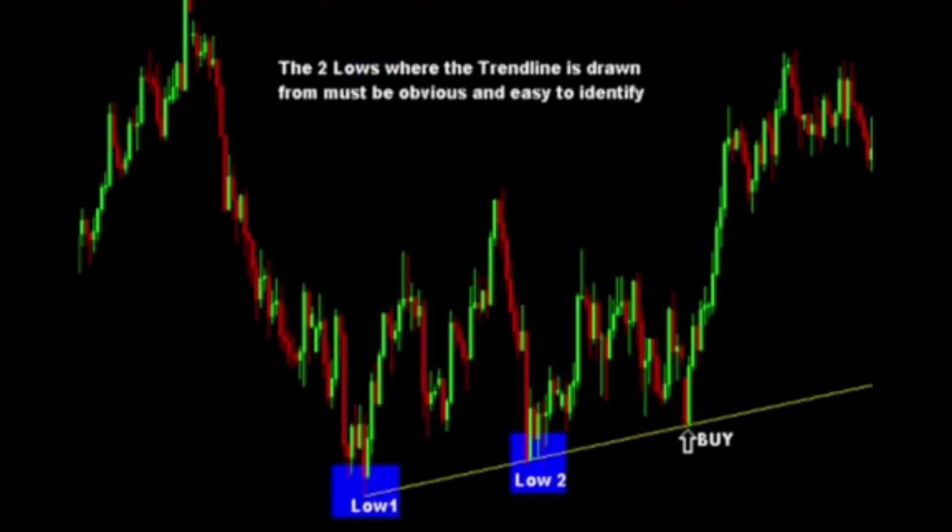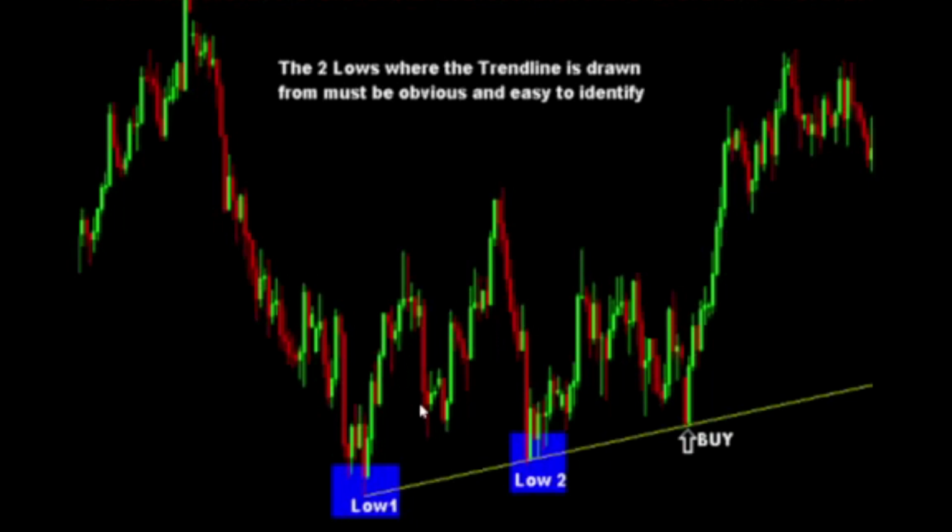Now the two lows where the trend line is drawn must be obvious and easy to identify. So you could see over here. This is just to show you different examples of trade setups and patterns that actually happen in our trades.